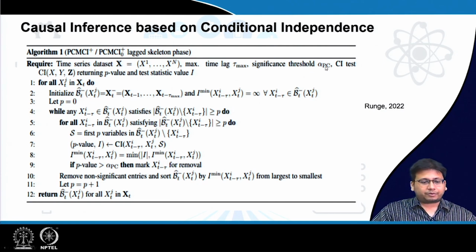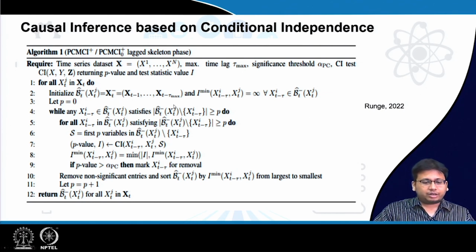Apart from that we need a CI test, a conditional independence test involving two variables x and y and a conditioning set z, which returns a p value and a test statistic value. The p value basically means the probability of accepting the null hypothesis that x and y are independent given z.